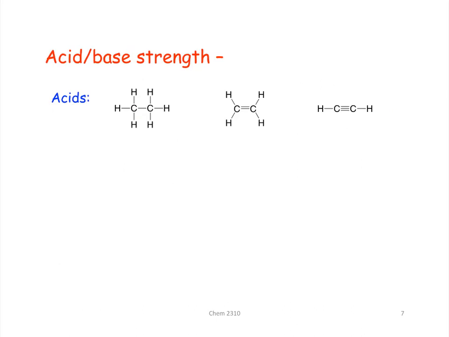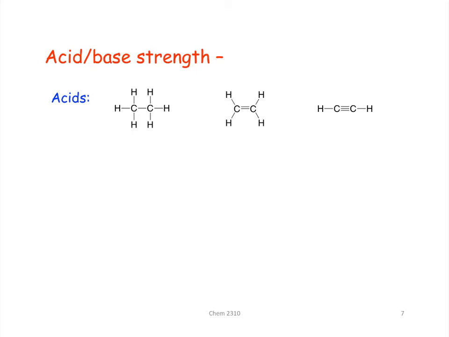We already learned that methane had a pKa of 60. Let's do how we did last time. For these three compounds, let's draw out their conjugate bases.